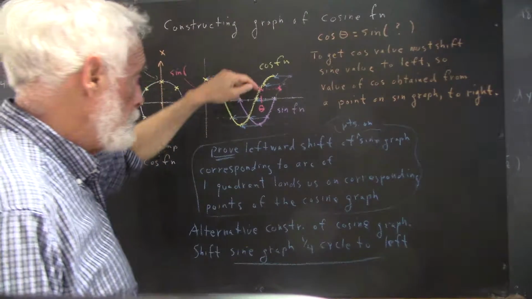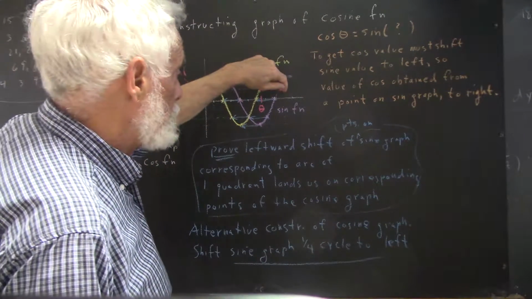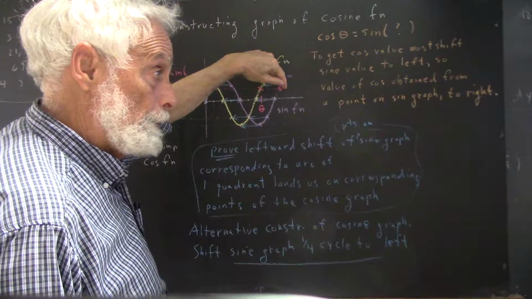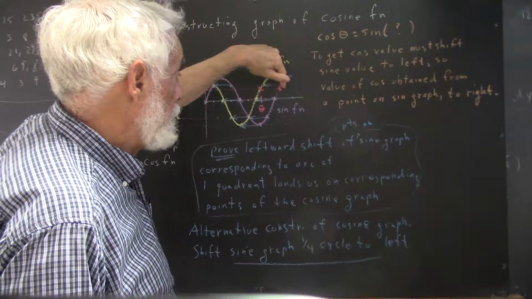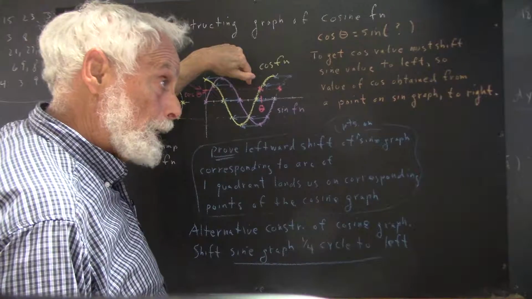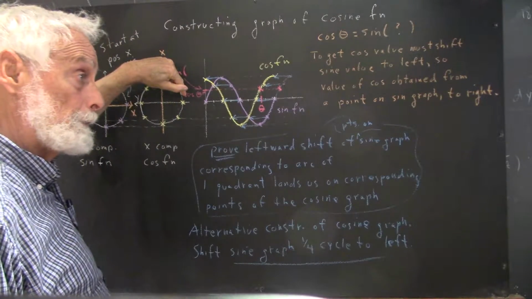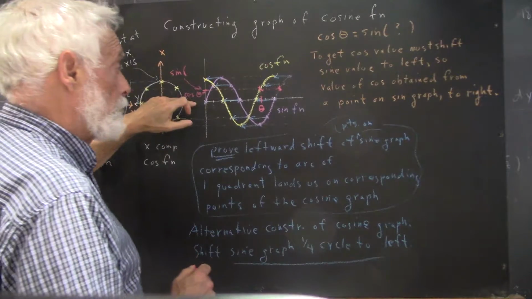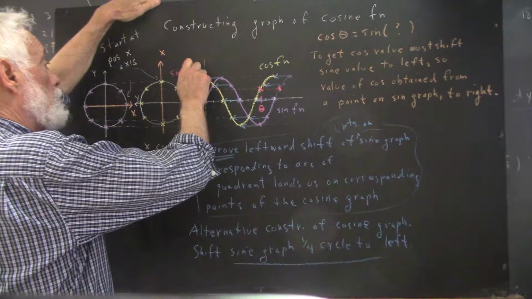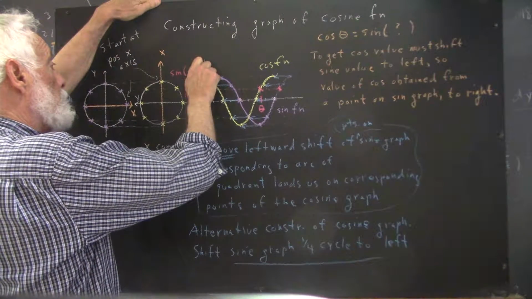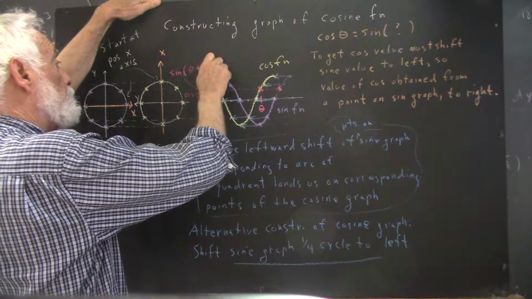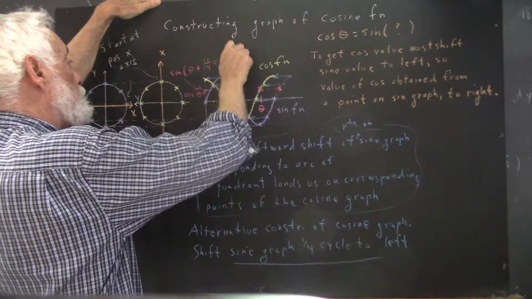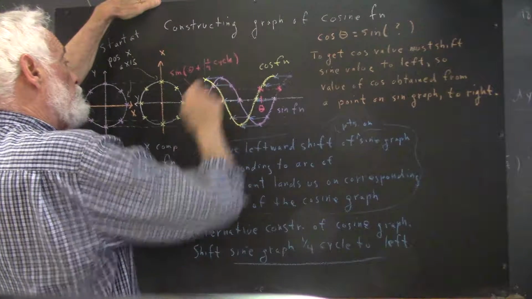Well, what we're going to do is move a quarter of a cycle to the right to get the value of the sine, because that value shifted a quarter cycle to the left gives us the value of the cosine. So the cosine of theta is the sine of what? Theta plus a quarter cycle.